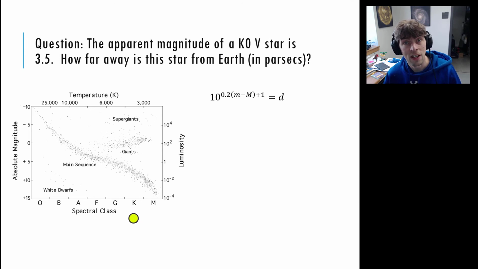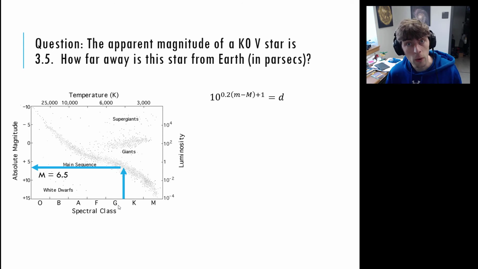And then the question is 0. Is that on the cold side or the warm side? That's the warm side. K0 would be right here, for example. A K9 would be right here on this side, and then an M0 would be right there. So K0 is between, if you will, the G and the K.